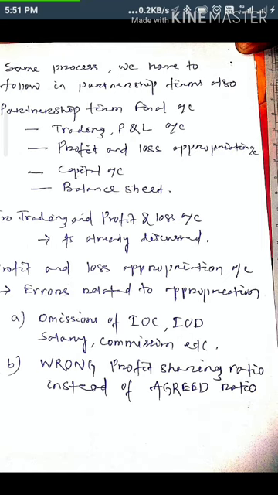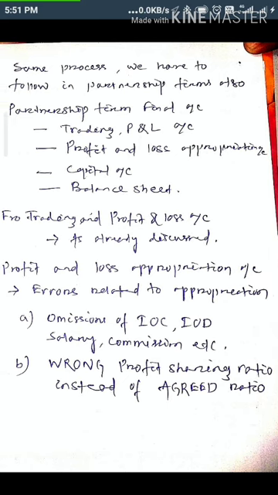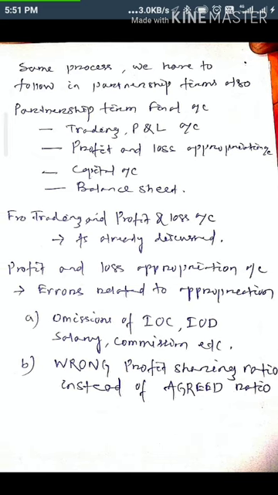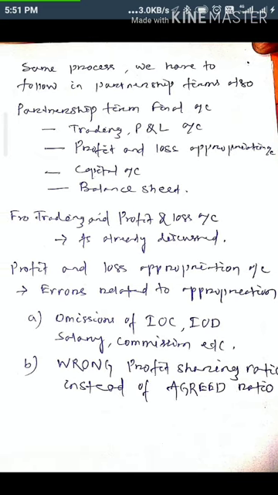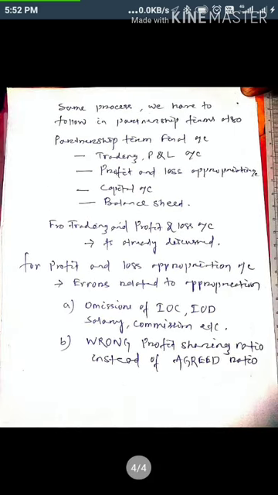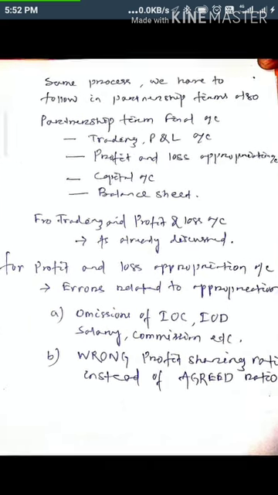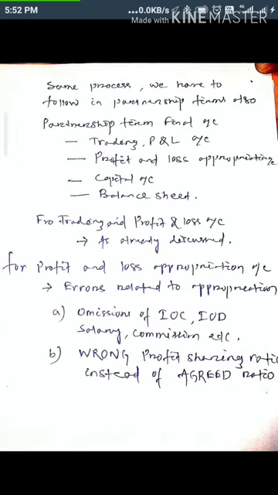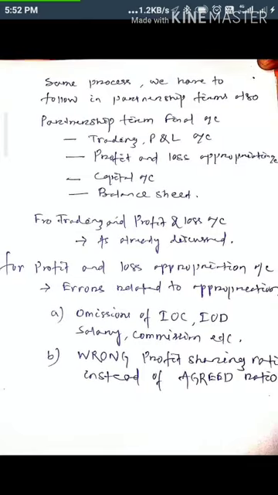In certain numericals you will find they have omitted the terms of the partnership deed, and side by side they have not used the correct profit sharing ratio. So in total, I can say past adjustments we can divide into two groups.